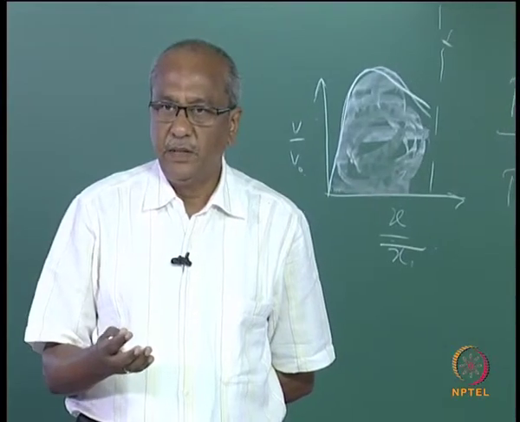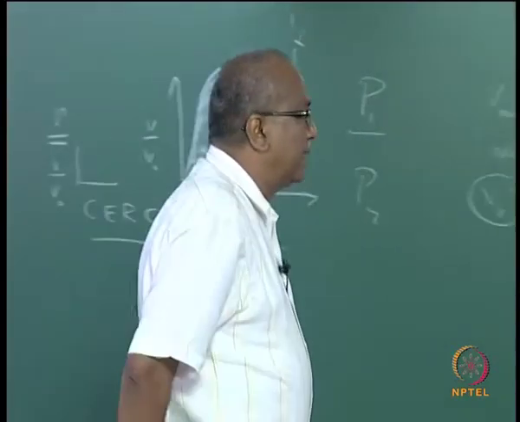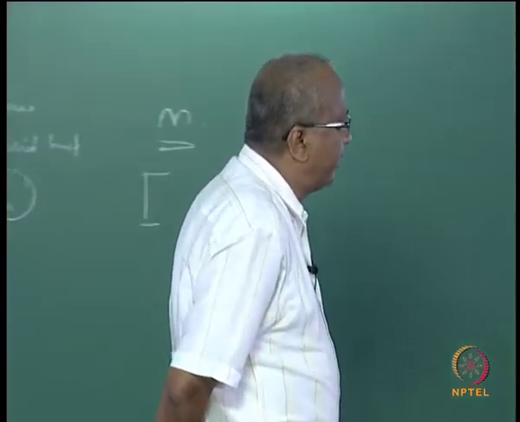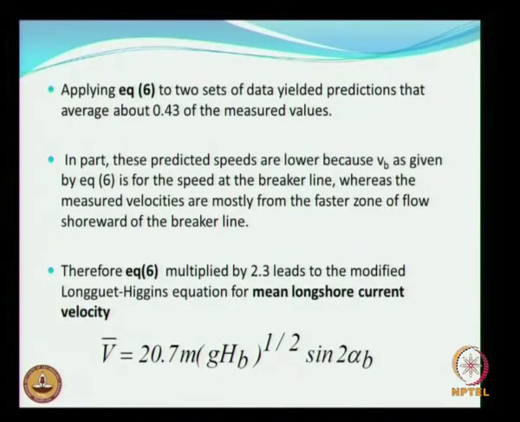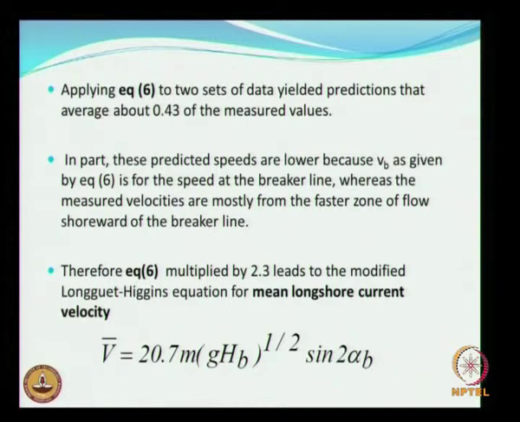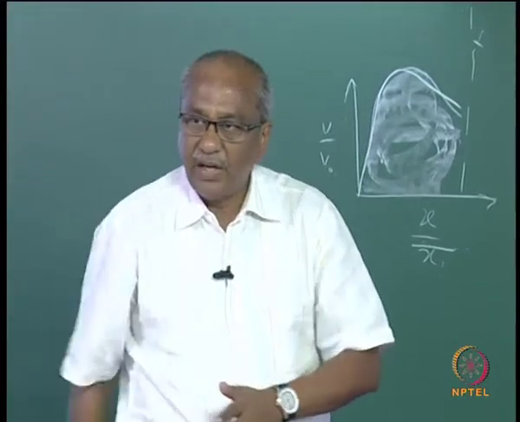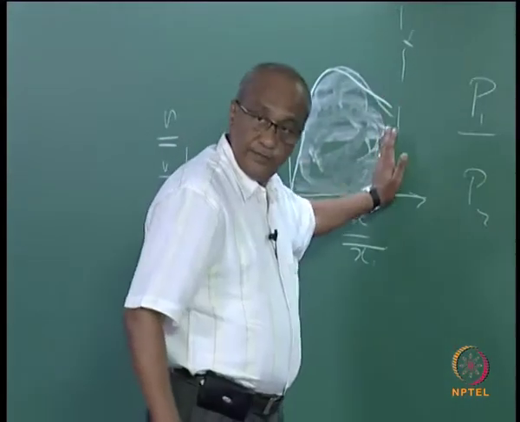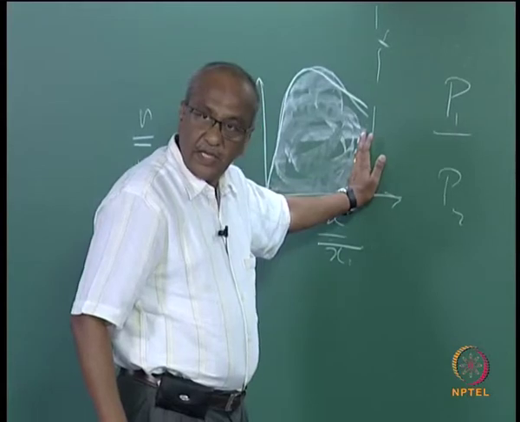You understand? So in part these predicted speeds were found to be much lower than Vb predicted by this equation. The measured was less, so that means there is a velocity which is much less than the velocity at the breaker zone. Is that clear?